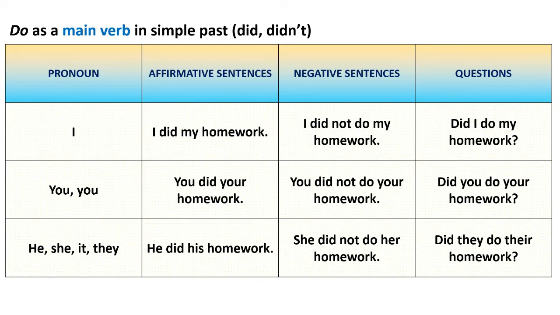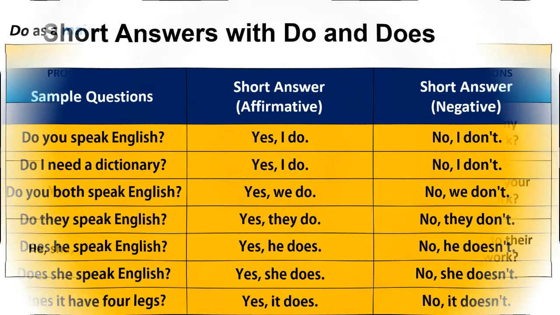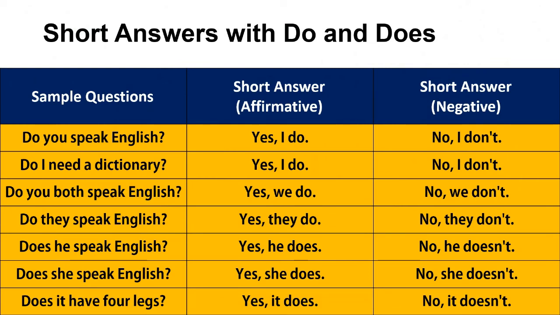In English, usually there are two main types of questions. One would be yes or no questions, and the other would be WH questions, like asking using when, where, what. Here today we are going to learn about yes or no questions.